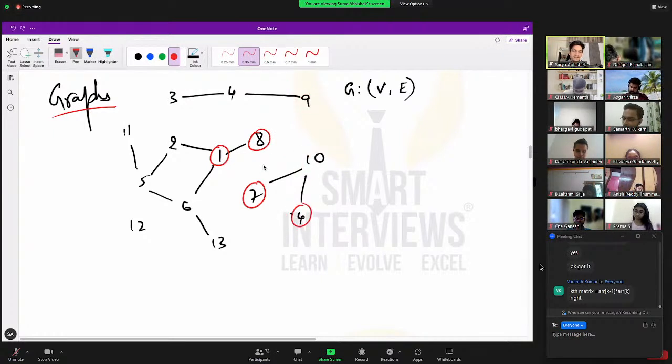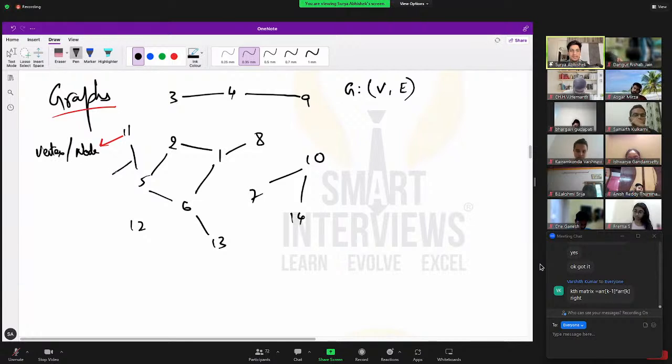I usually don't highlight the numbers. It looks cleaner and simpler like this. So all the numbers are vertices for us here, and all the lines are edges. So we know that these are known as vertex or node. And we know these are known as edge or a link.